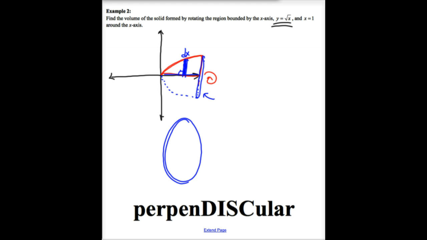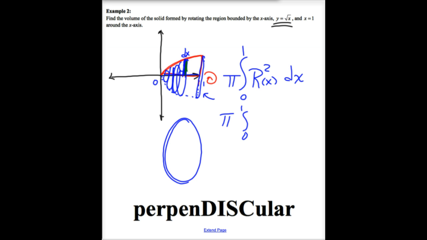And so for me to integrate that thing, I have to integrate from x equals 0 out to 1. I'm going to just start making these slices and adding up all of these cylindrical discs. And when I do that, I do pi times r squared as a function of x, dx. So let's go take a look at what r is as a function of x.